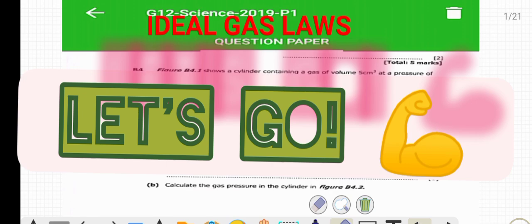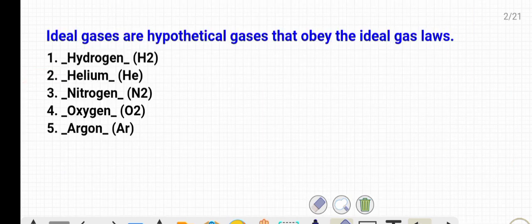Ideal gases are just hypothetical gases that obey the ideal gas laws. We are going to delve into the ideal gas laws. Examples of those hypothetical gases would be the hydrogen molecule, the diatomic molecule of it, helium gas, the nitrogen gas, the diatomic molecule of it, the oxygen diatomic molecule, and even argon, to mention just a few.